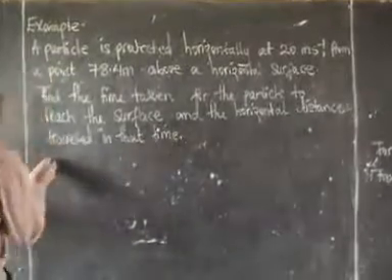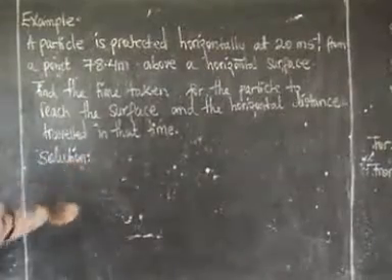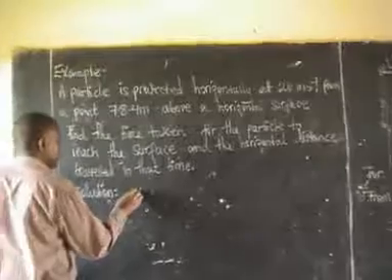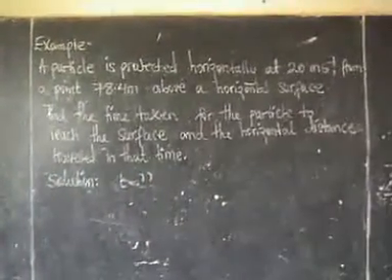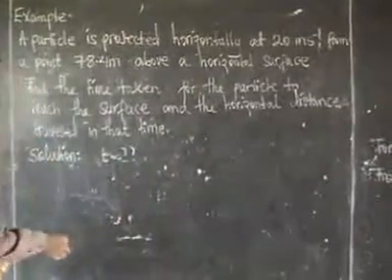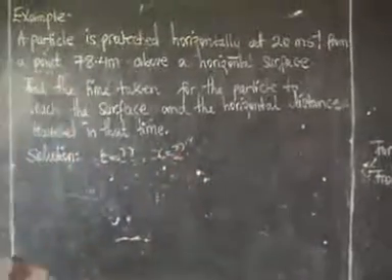So in this case, the question requires us to find the time taken for the particle to reach the surface and the horizontal distance traveled. Let me call it x.